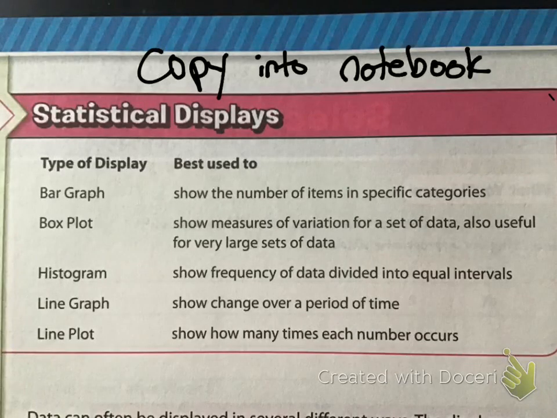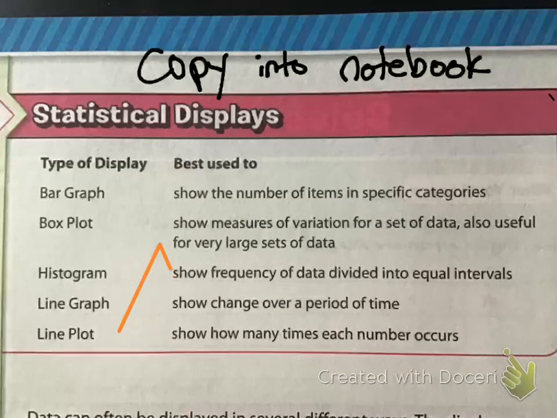Histograms show frequency. That number frequency means having to do with numbers of data divided into equal intervals. So histograms are almost exactly the same as bar graphs, except they've got numbers on both axes. Then a line graph shows change over a period of time.